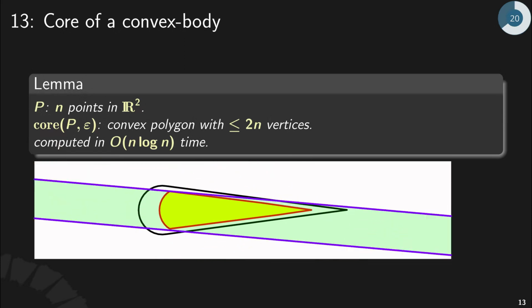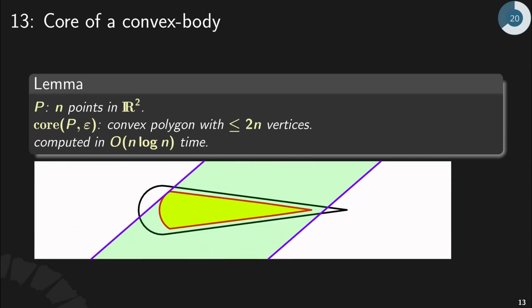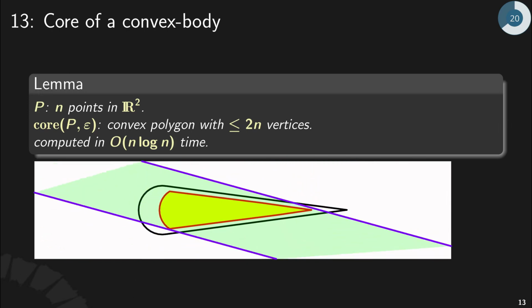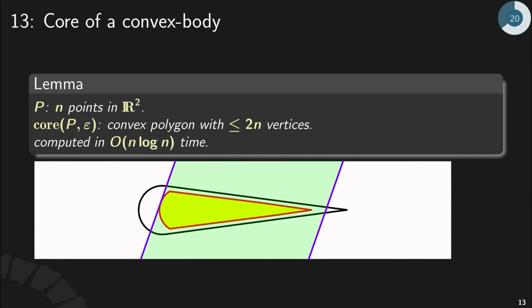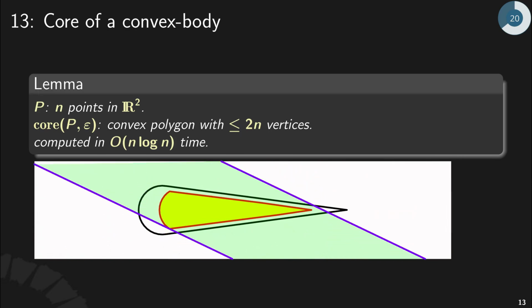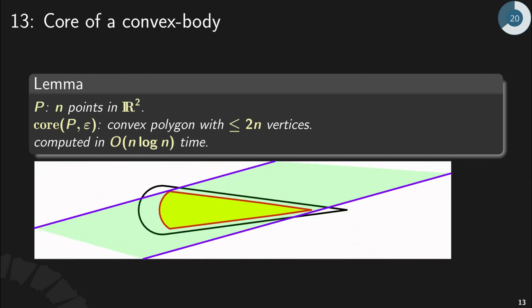Okay, another concept that we played around with was this notion of a core. So the basic idea is that you have a point set, and for every direction, you can look at the two tangent planes to this convex shape with these directions. And now what you do, you take this slab and you shrink it, right? Let's say by a factor of 1 minus epsilon.